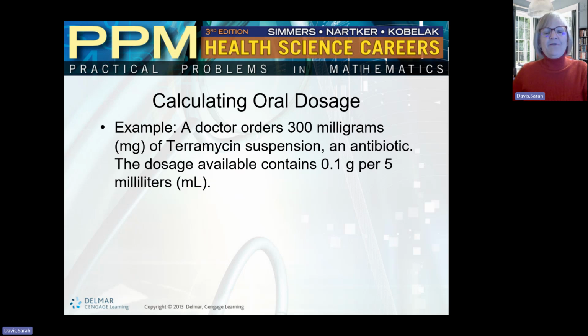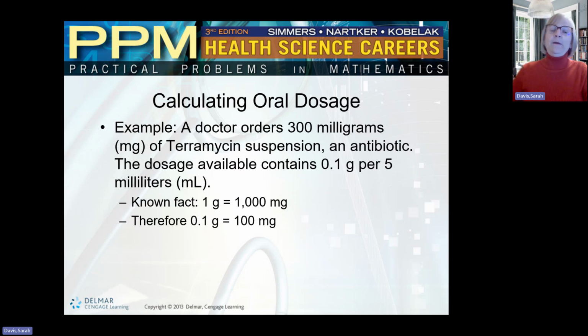The dosage that's available has 0.1 grams per 5 milliliters. So what do we know? We know that 1 gram is 1,000 milligrams. Okay, remember that from a few weeks ago. So if 1 gram is 1,000 milligrams, that means that 0.1 gram is 100 milligrams.